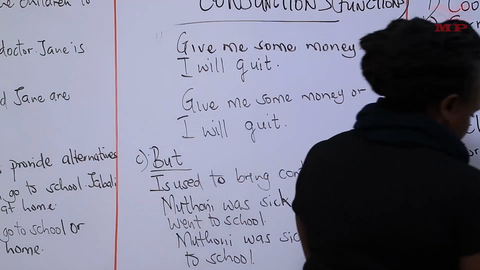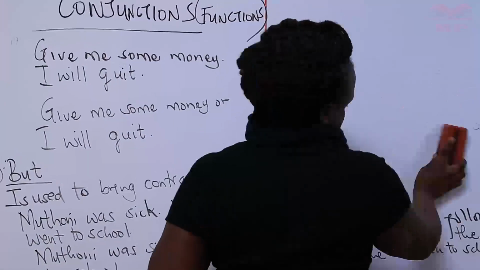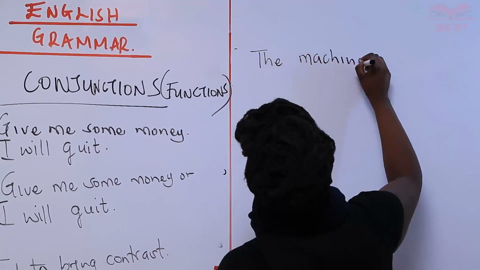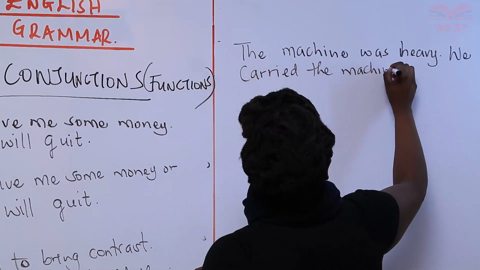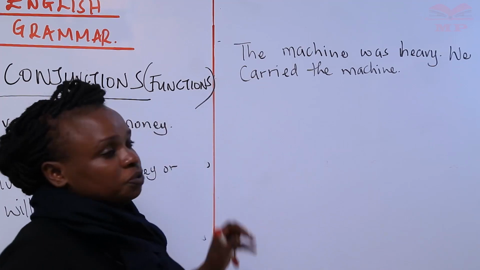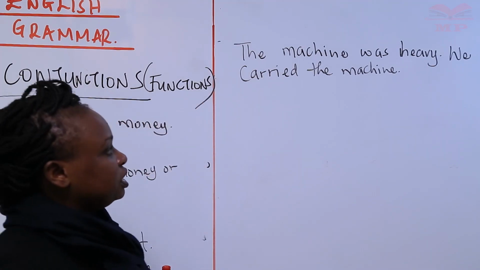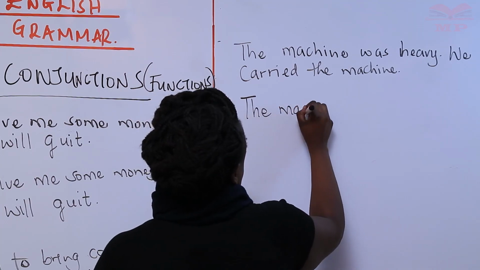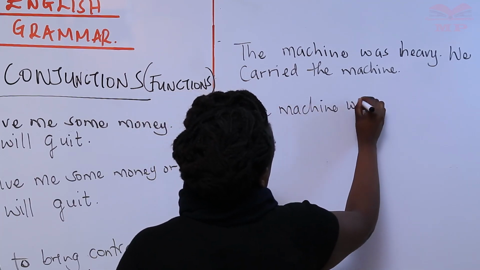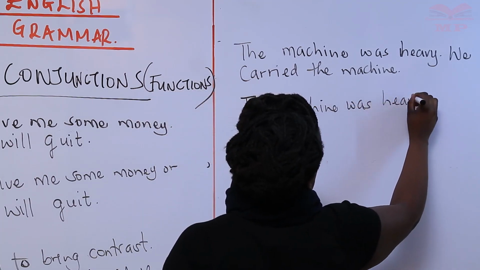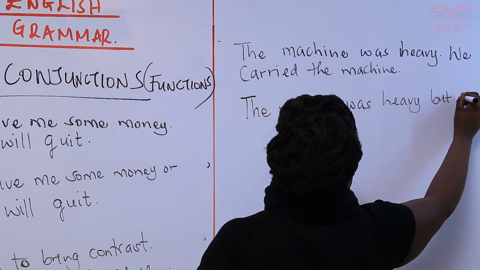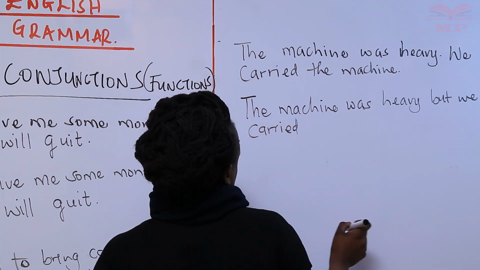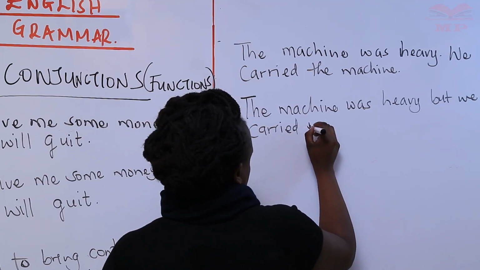Let me give you one more example. Okay. The machine was heavy. We carried the machine. So use but. The machine was heavy, but we carried it.